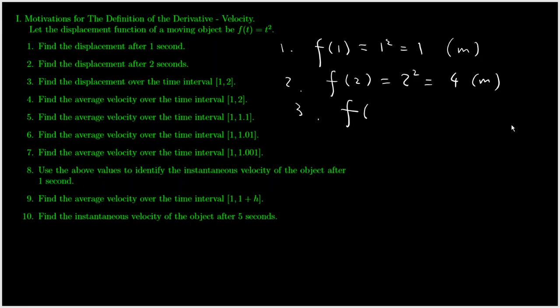So for question 3, it's computed using the value of the function at 2, the distance traveled after 2 seconds, and then minus the distance traveled after 1 second. That's how you get the distance traveled over the time interval. So I believe it's 4 minus 1, is that right? So that's how we get 3. If you want the unit, it's in meters.